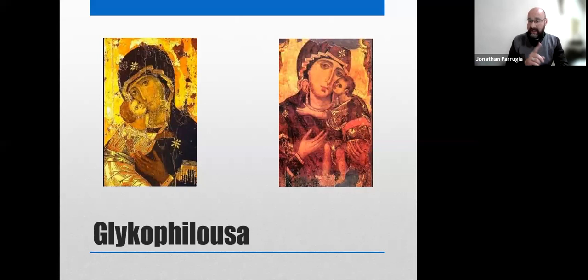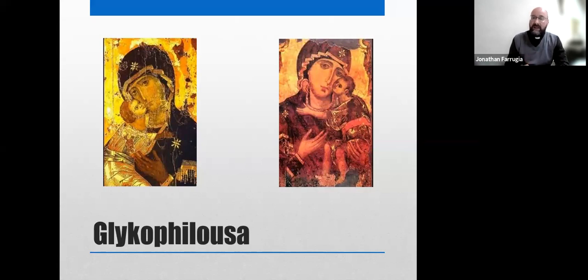As you can see in both cases, Mary is looking at the onlooker, but at the same time, she is kind of playing with Christ. Okay, her cheeks are touching his, as if Jesus is kissing her, and also her hand is pointing to Jesus. So there is the Hodigitria theme included as well.